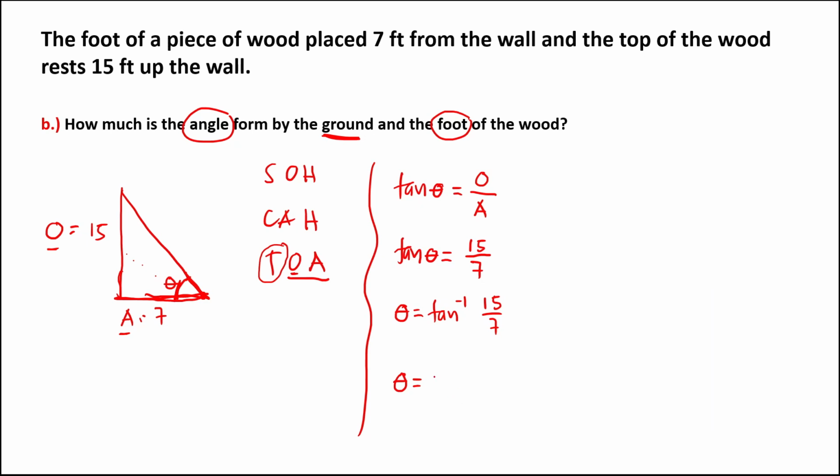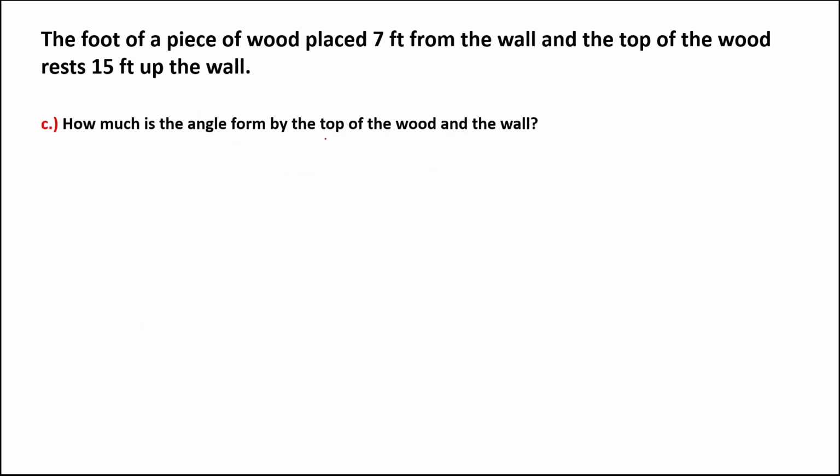So the angle formed by the ground and the foot of the wood is equal to 64.98 degrees.